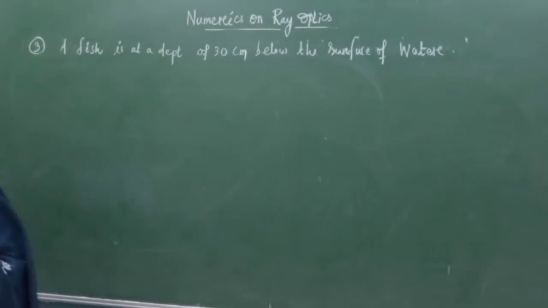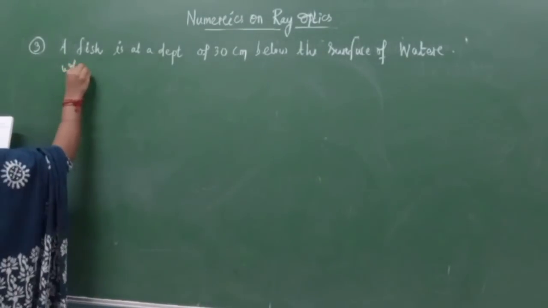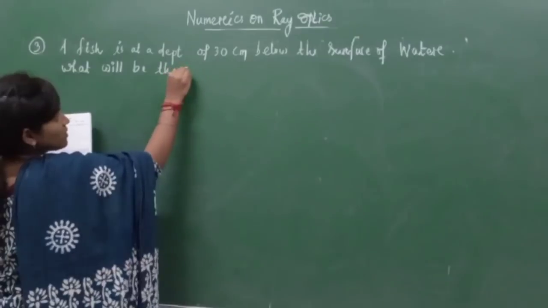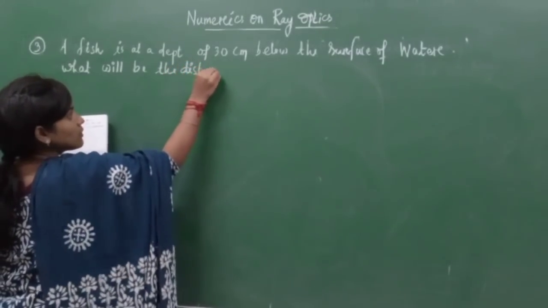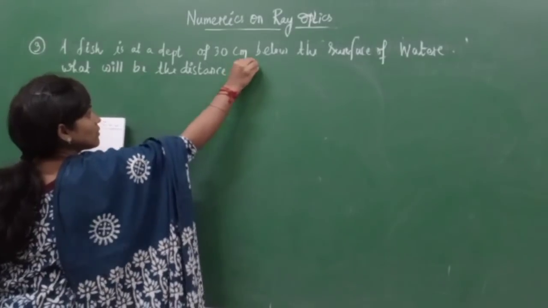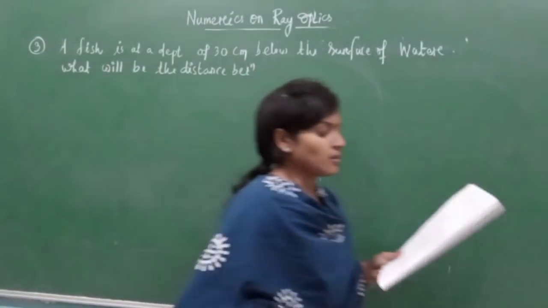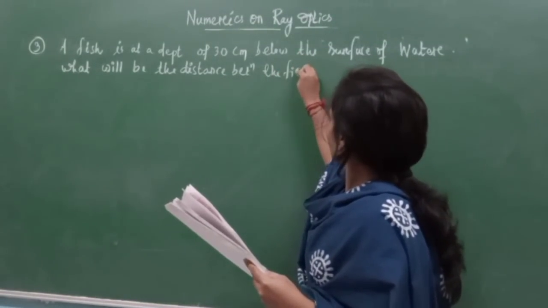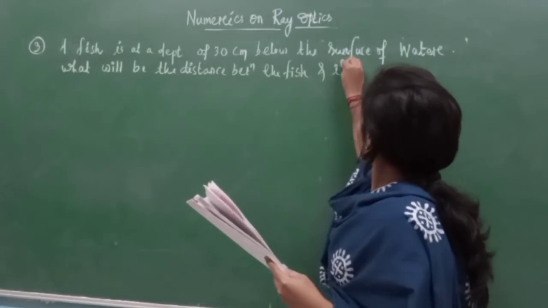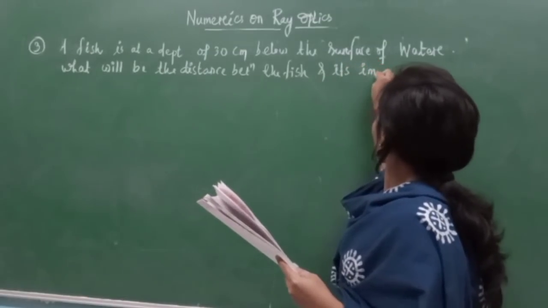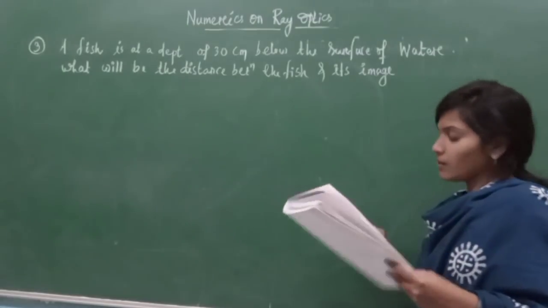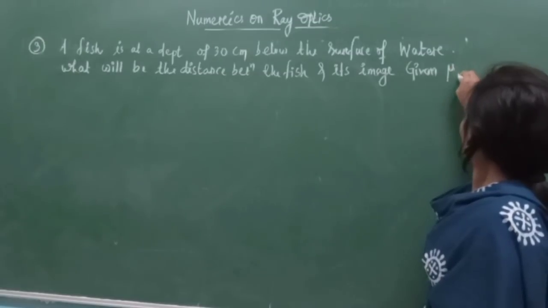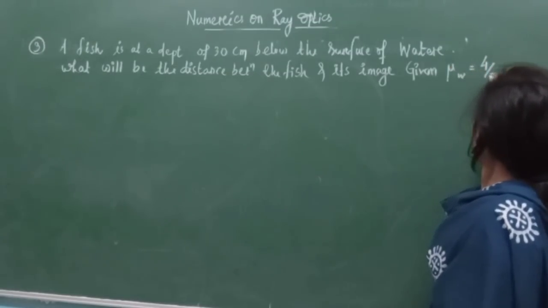What will be the distance between the fish and its image? Given mu of water is equal to 4/3.